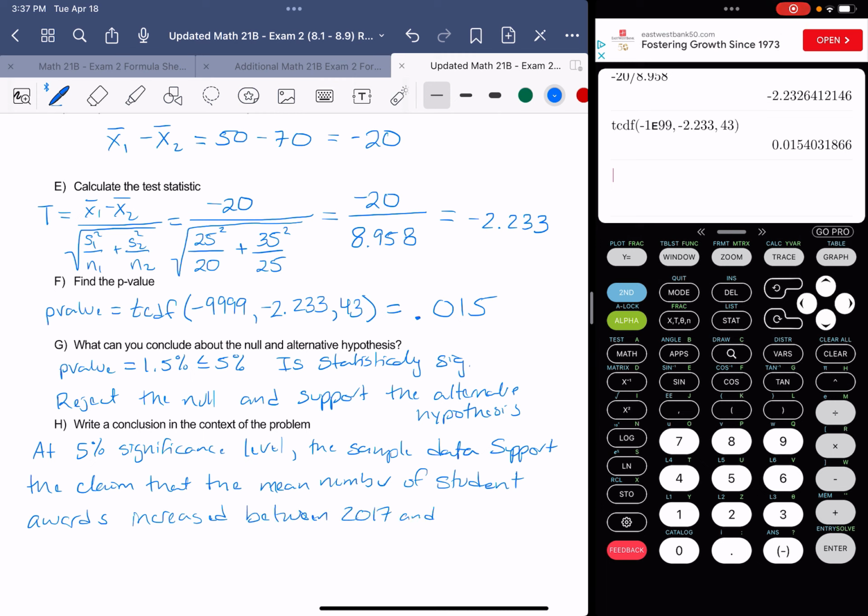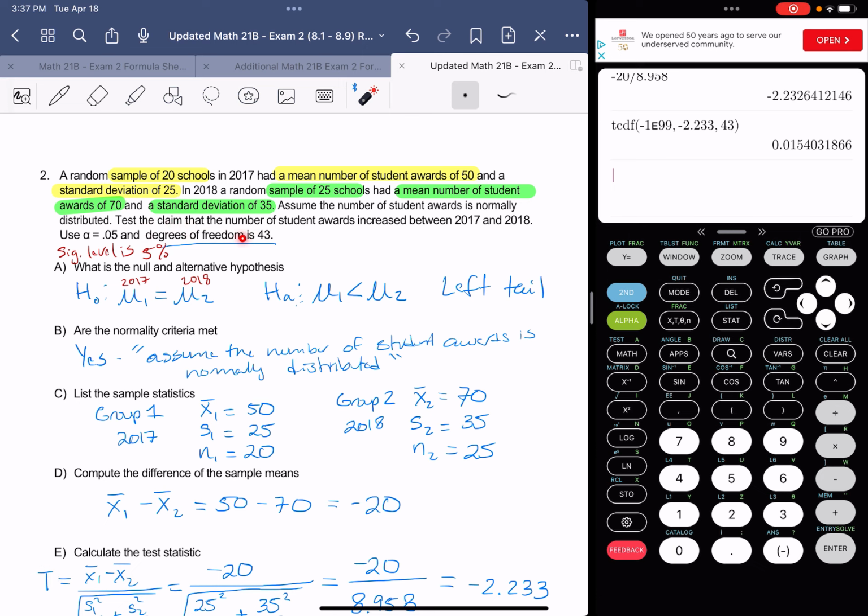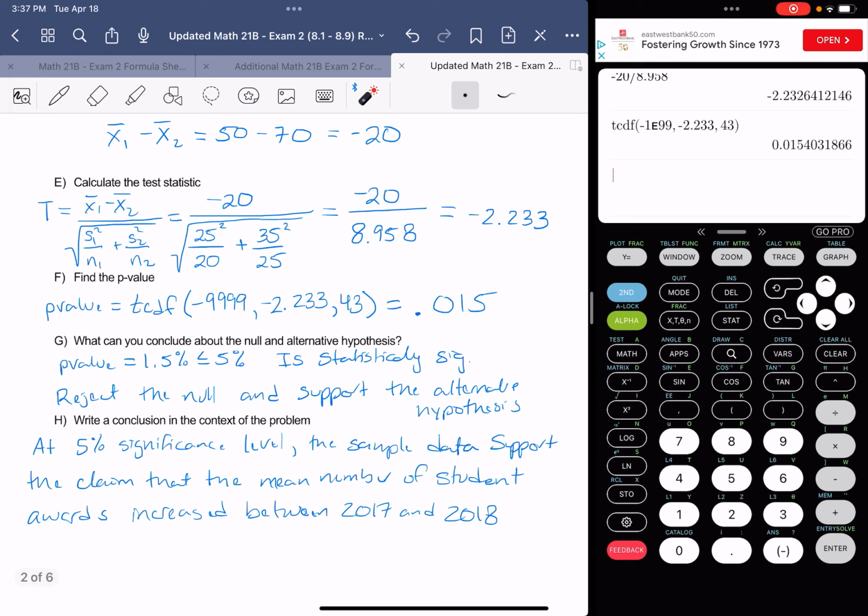And remember, I'm really just pulling that claim from right here. Test the claim that the number of student awards increased between 2017 and 2018. So I put right here, support the claim that the mean number of student awards increased between 2017 and 2018.